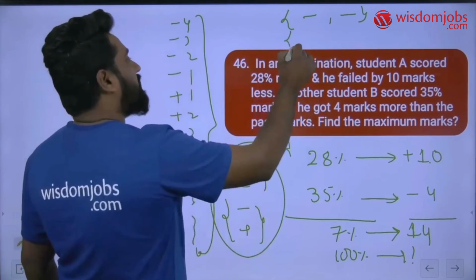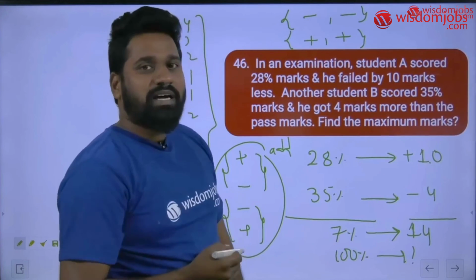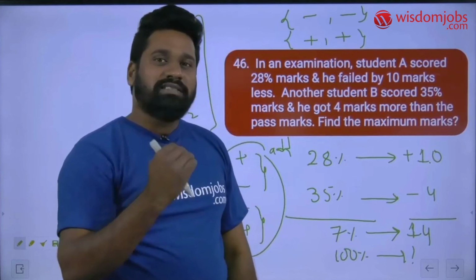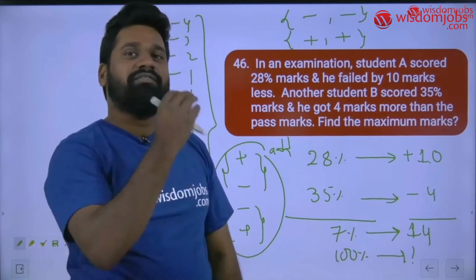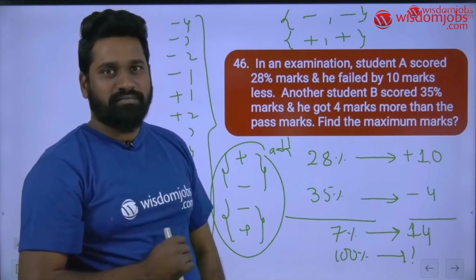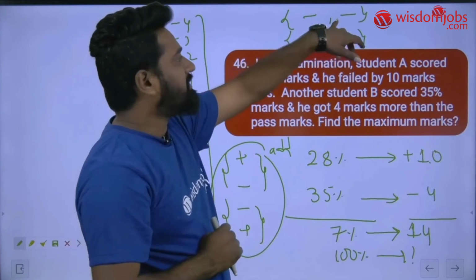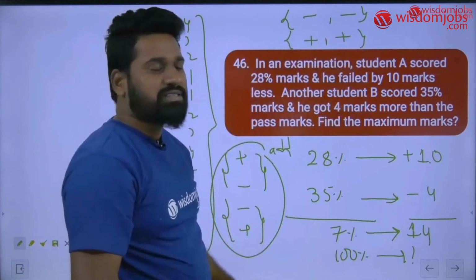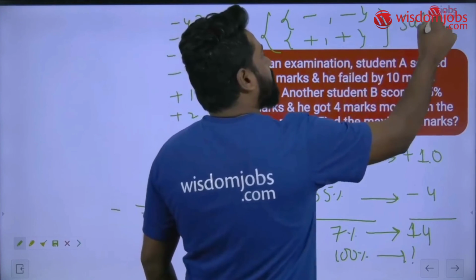Or plus: for example, the first person got 6 marks less than the pass, or he failed by 6 marks, and the second person failed by 8 marks. Failed by means plus. When minus is given with minus, or plus with plus, then directly we can subtract those values.